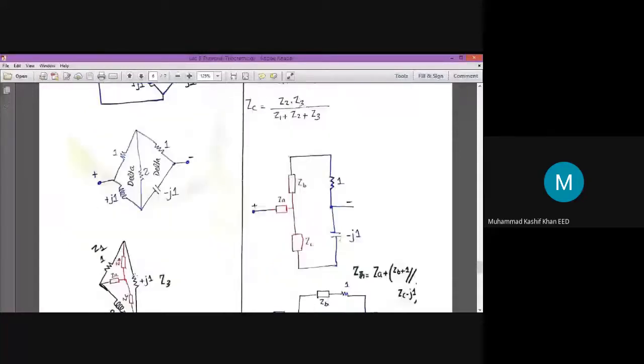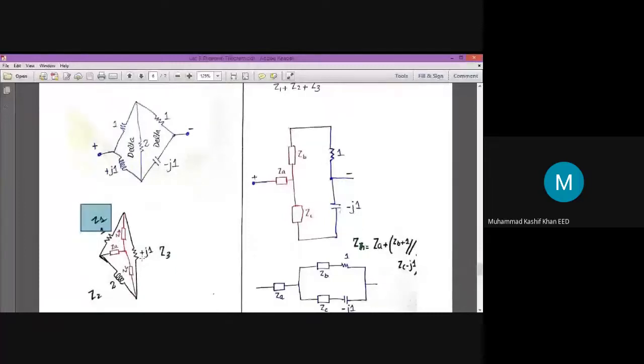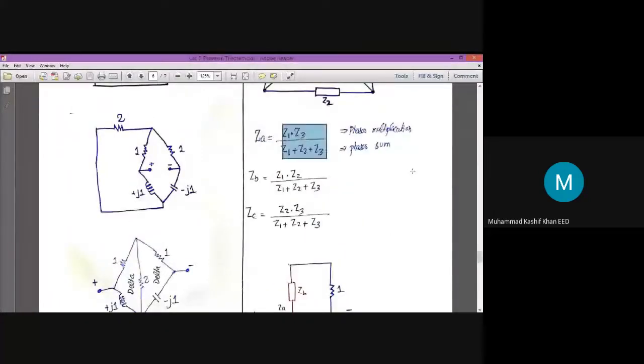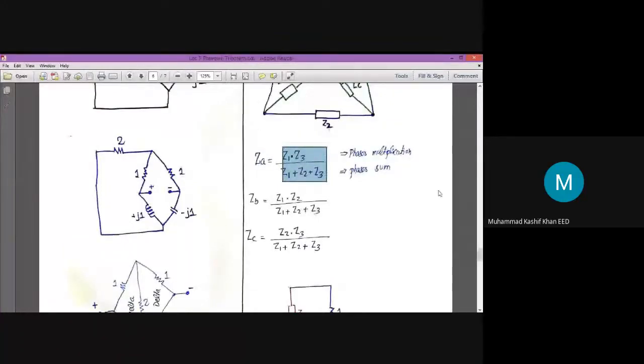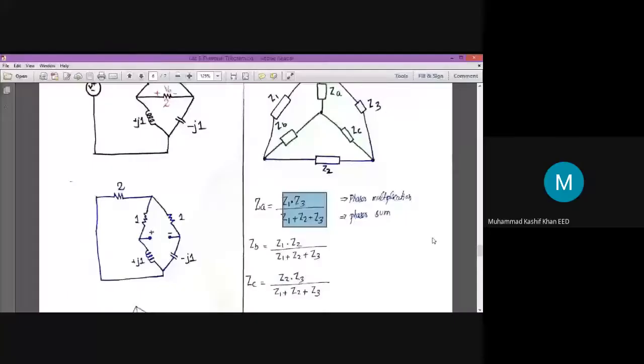Even you can change the names of Z1, Z2, and Z3. It's completely up to you. But then these formulas will change accordingly. Okay, you have to take care of that. Did you understand? Any other question?